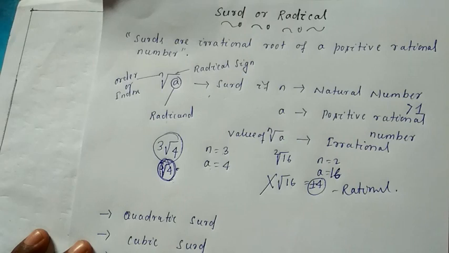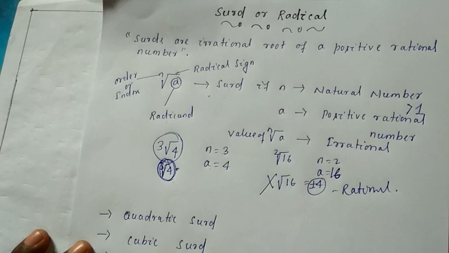Again, I am showing another example, another definition of surd. Surds are the square roots of some rational numbers which cannot be written as the square of any rational number.